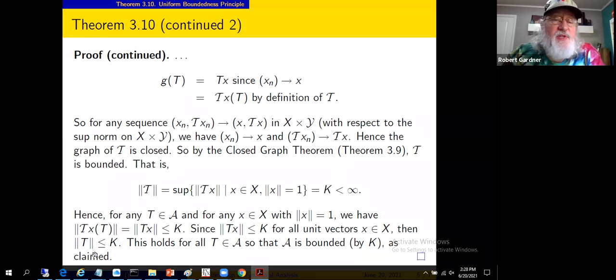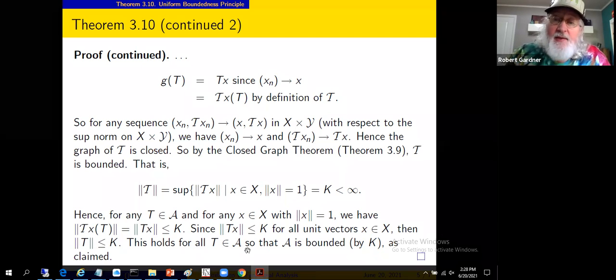And so the norm of T is less than or equal to K. And that bound works for all capital T in calligraphy A. That is, finally, calligraphy A is a bounded set. It's bounded in norm by capital K.